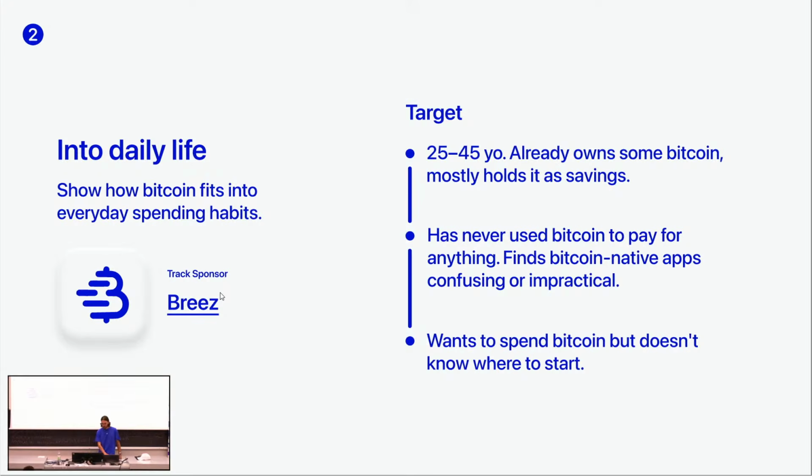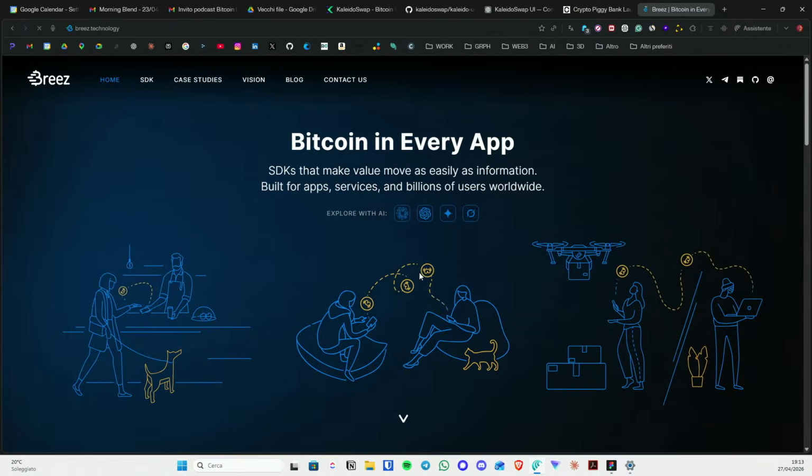The sponsor for this track is Breeze. They are kind of similar to the guys that we saw before. They also create an SDK, this piece of software that anyone can integrate in their app to enable Bitcoin payments.